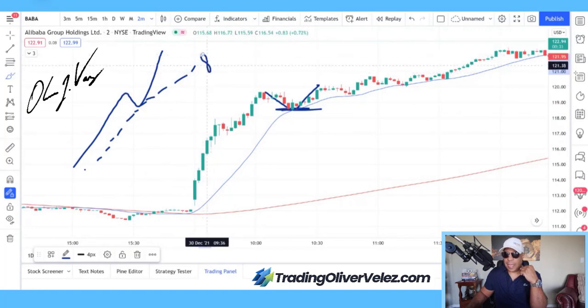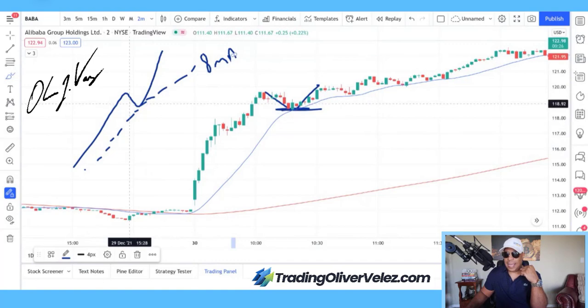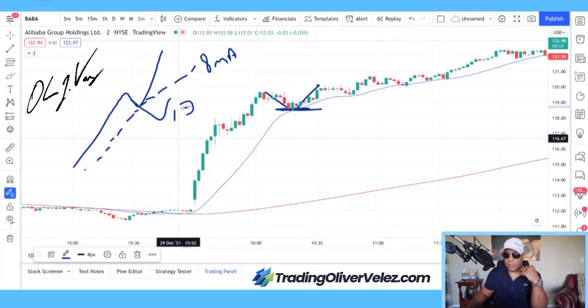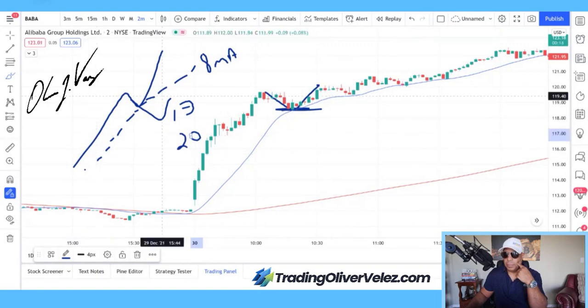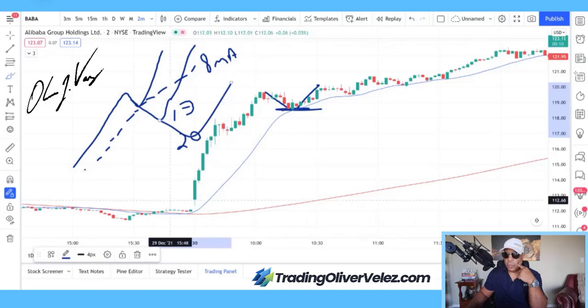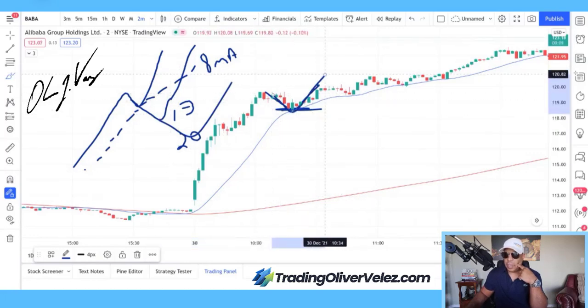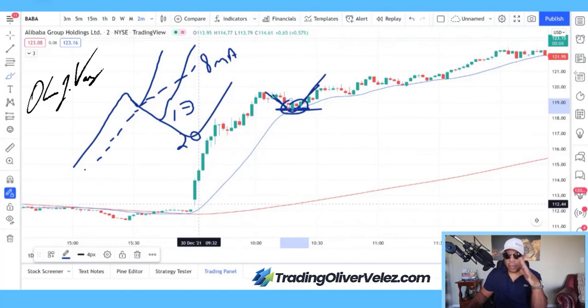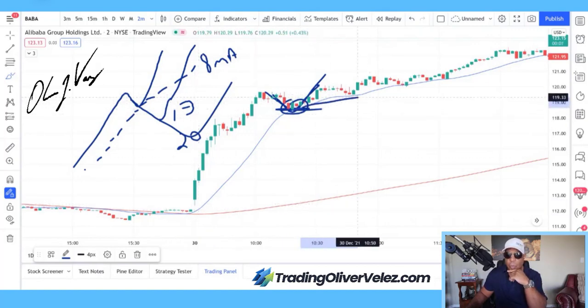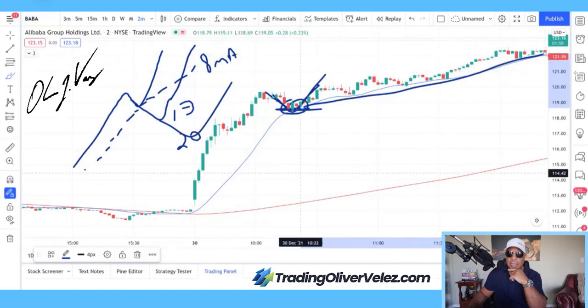Then that stock is telling you the moving average it's acting off is the 8, but sometimes it'll be the 13, or the 20. So you can either get the 8, the 13, or the 20. In this case, you get the 20, but you need one full pullback and a rally to let you know what's the key moving average that the stock is reacting off of.